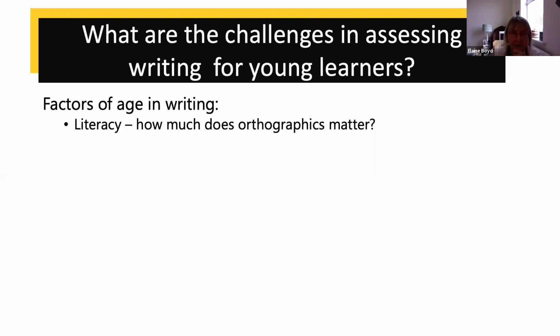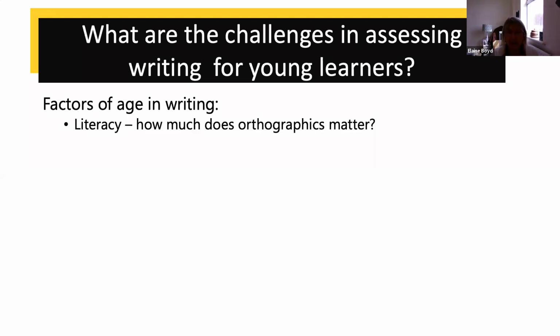So one aspect of literacy is we've got to decide how much orthographics matters. In other words, how much does it matter if they can't make beautiful or correct letters in English. Obviously this is much more of a challenge if you don't have a Roman alphabet as your alphabet, but it can be a challenge anyway because of confusion with their first language.